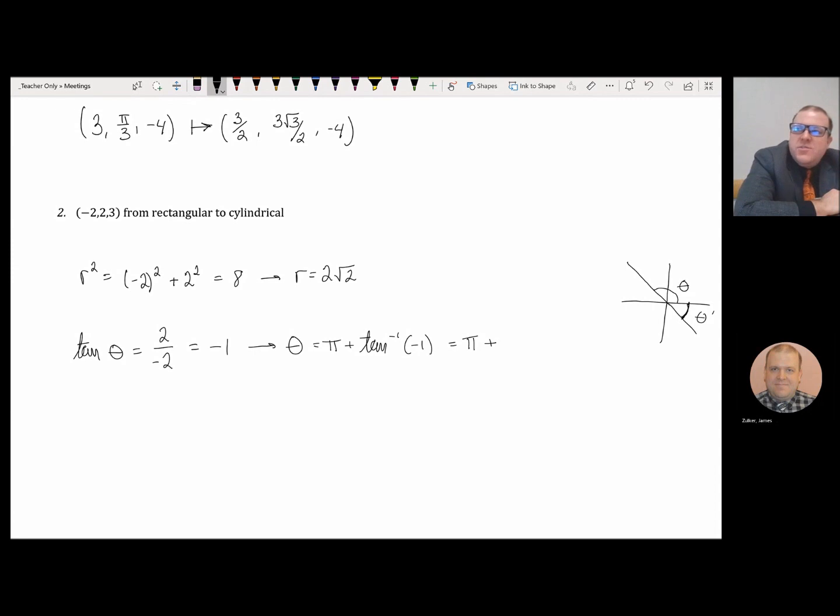What is the inverse tangent of -1? Radians only.